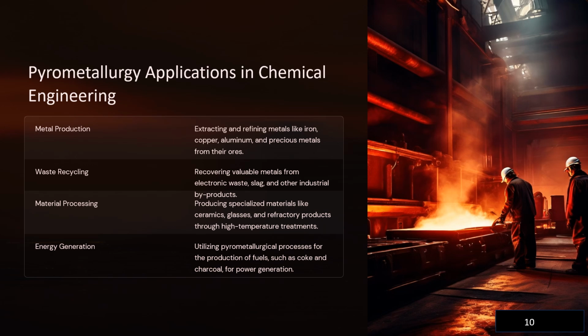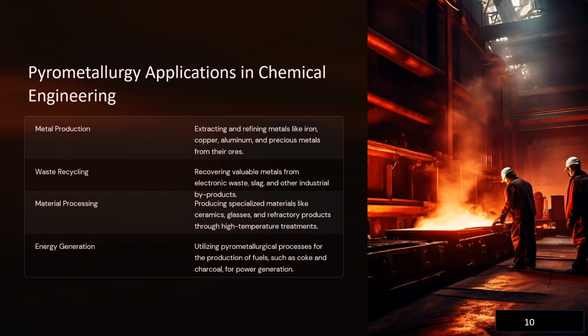The next one is material processing, producing specialized materials like ceramics, glasses, and refractory products through high temperature treatment. So we are able to get all these materials, that's ceramics, glasses, and refractory products, through the pyrometallurgy process.